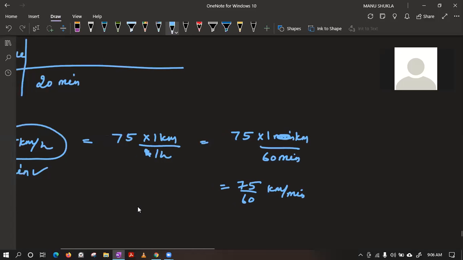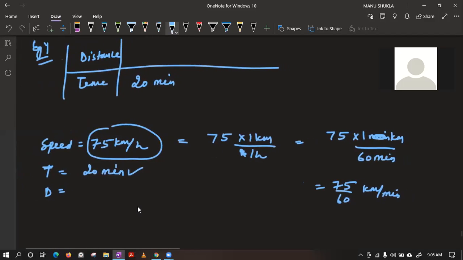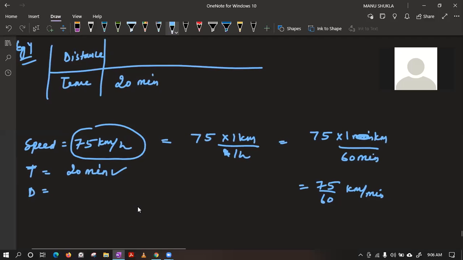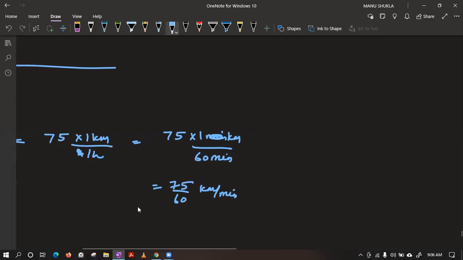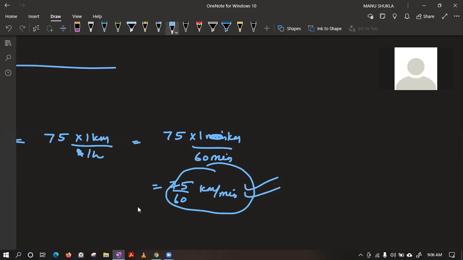Now this is the speed in kilometer per minute, and we have to find the distance in 20 minutes. Class, I have converted the speed into kilometers per minute. Are you able to understand the conversion? How I have converted 1 hour into 60 minutes in this unit?